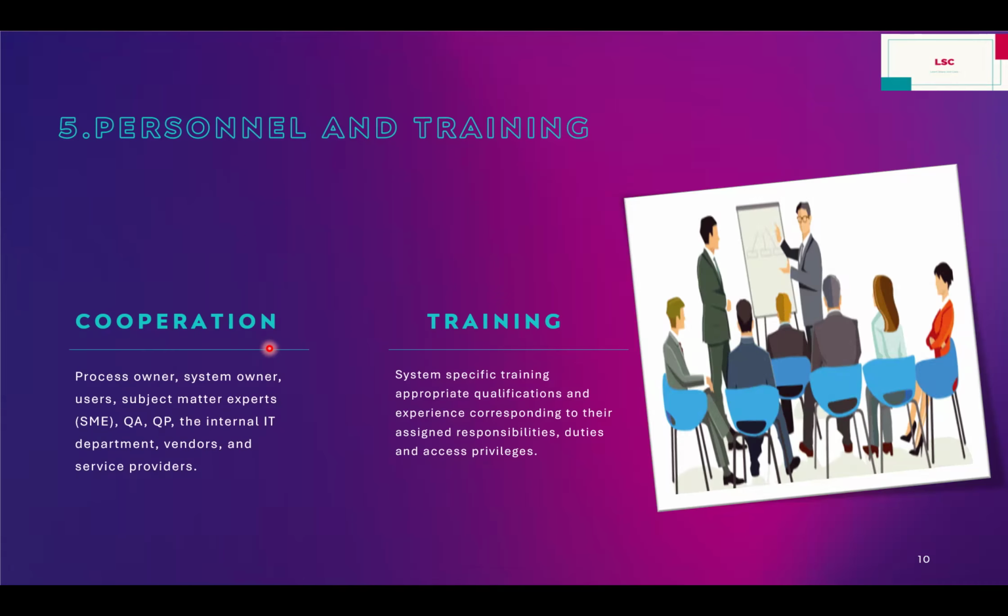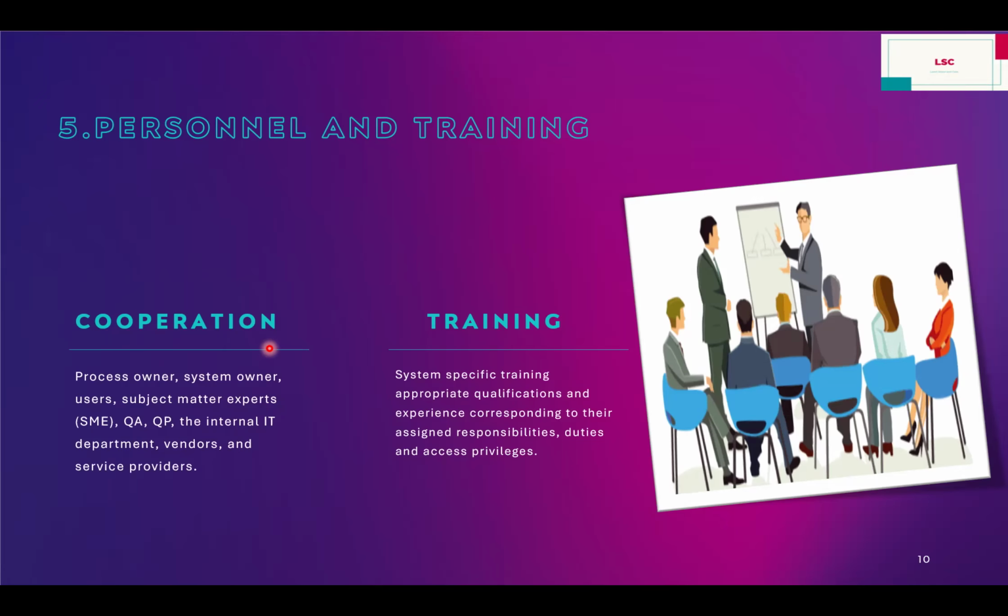Whether you are the process owner, system owner, user, SME, QA, QP, internal IT department, vendor, or service provider, you need internal cooperation to execute the show, and the show will be a hit if we cooperate with each other.